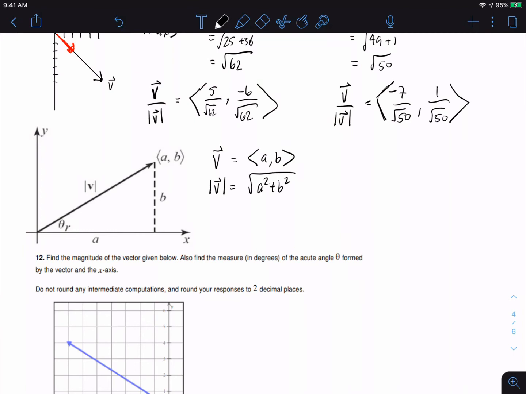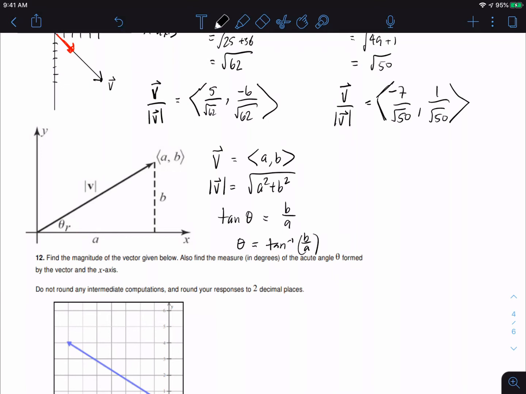But now we can find the angle also by going tangent theta is equal to my b over a, right? So it's the same thing that we've done with our trig prior, but now we're talking about it in terms of angles. And so to find our theta, we would just go, okay, tan inverse of b over a, right? We know how to do that.